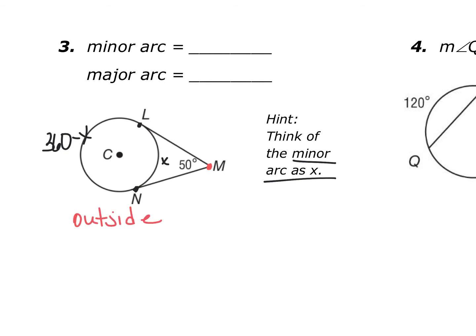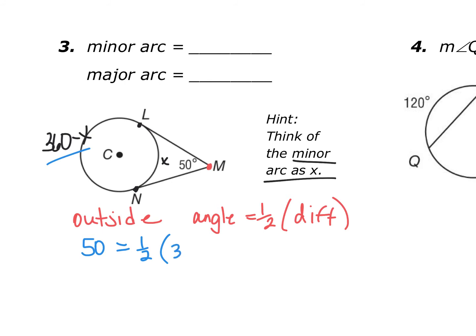And so that means we're going to use the formula, the angle is equal to half the difference of our two arcs. All right, so we have our angle, which is 50 degrees, and it equals half of the major arc minus this minor arc.